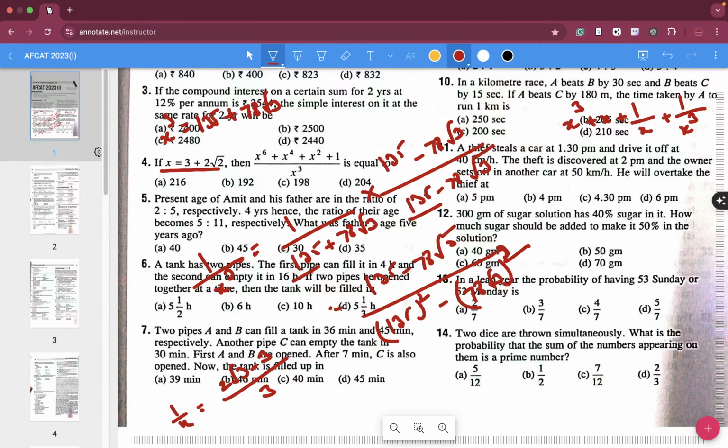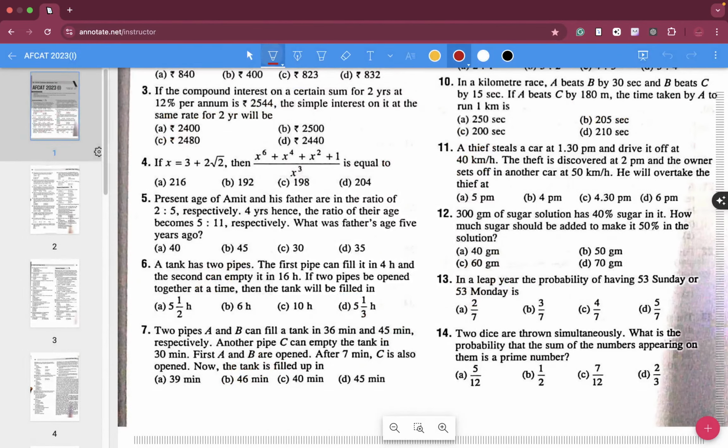Given x value is this, right? x value is this, so 3 minus... okay. So we have done a little bit of mistake, right? Okay, not this way. What we will do over here, x value is this, right?